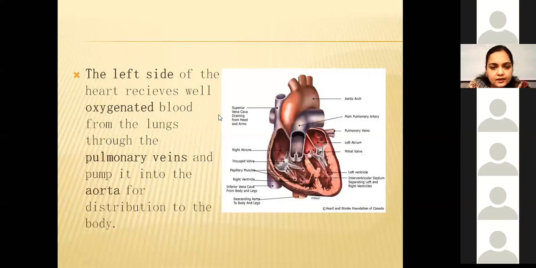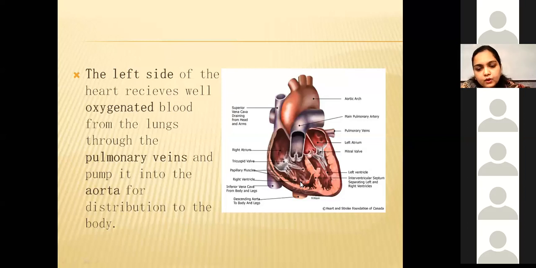Now the right side of the heart receives the deoxygenated blood from both the superior and the inferior vena cava plus the coronary sinus. The first chamber of the heart is the right atrium, and then the blood goes into the right ventricle and finally into the lungs where oxygenation occurs.